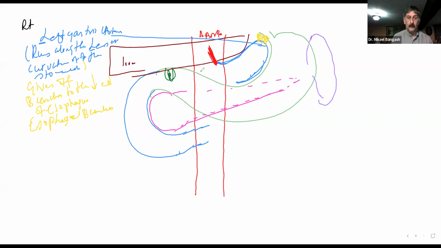So that part of the esophagus that is in the abdominal cavity will receive its blood supply from esophageal branches arising off from the left gastric artery. Clear? Did you get that yet? Good.